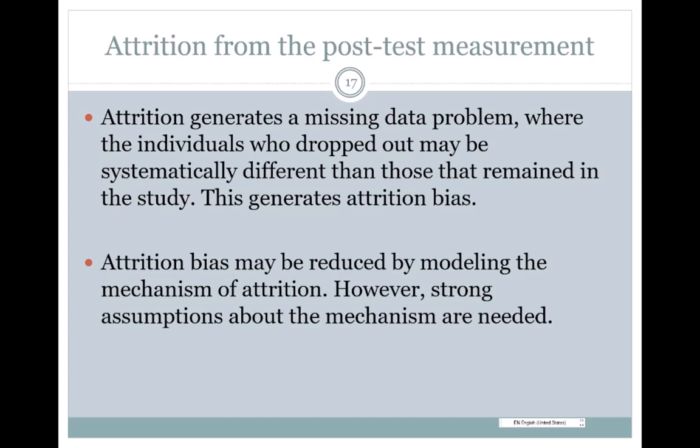It's possible to model the mechanism of attrition if there is information about it, but you need to make strong assumptions about the nature of attrition to be able to control for it. For example, it's possible to create weights to try to remove attrition bias, but again, you need to model the mechanism of attrition.